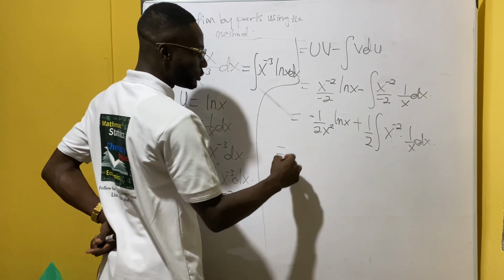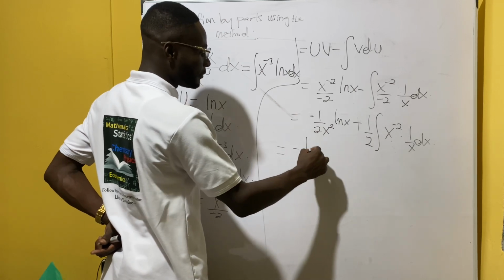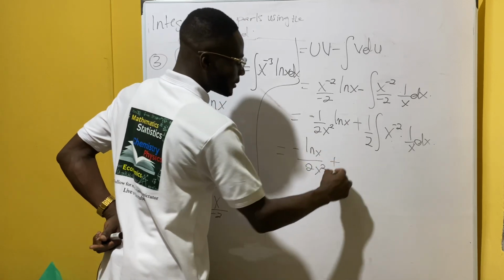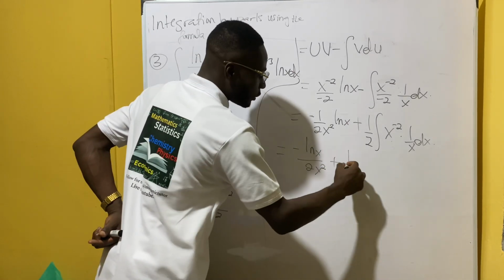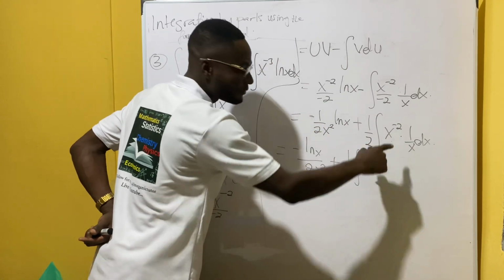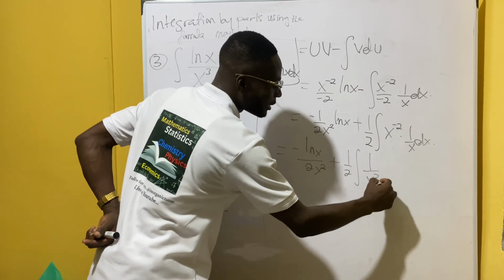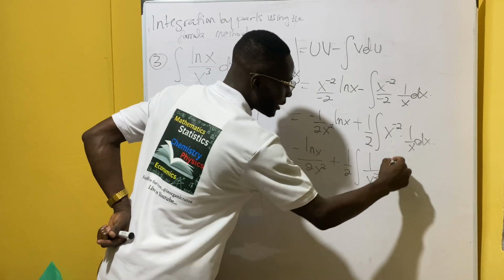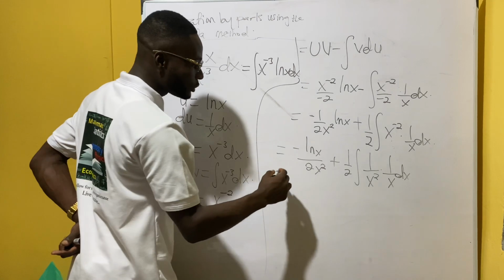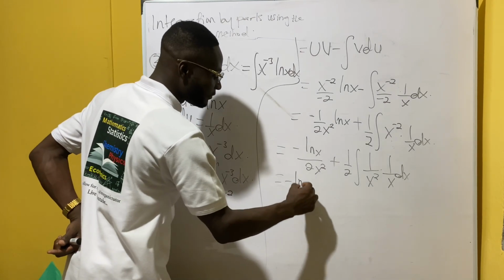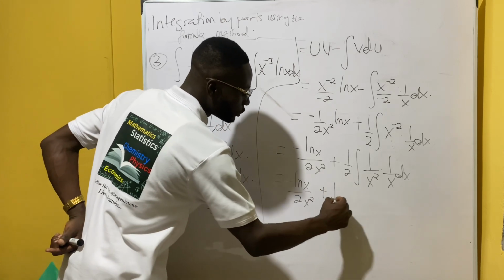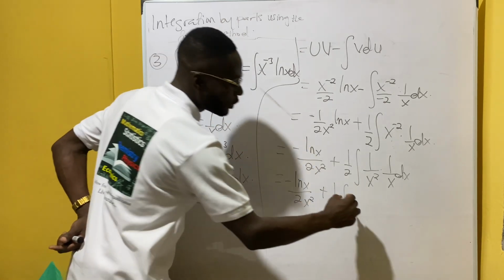So right here we're going to have negative ln x on 2x squared plus 1 on 2 integral of x power negative 2 written as 1 over x squared times 1 on x dx.